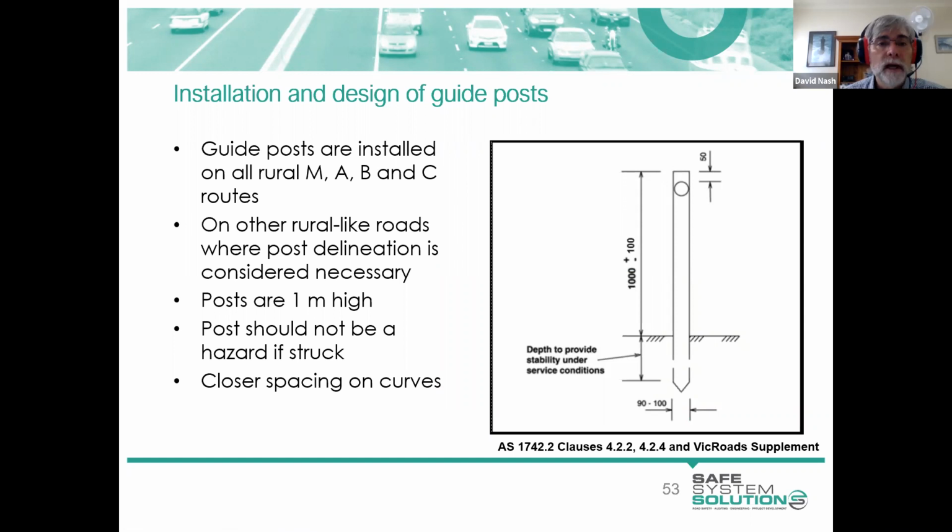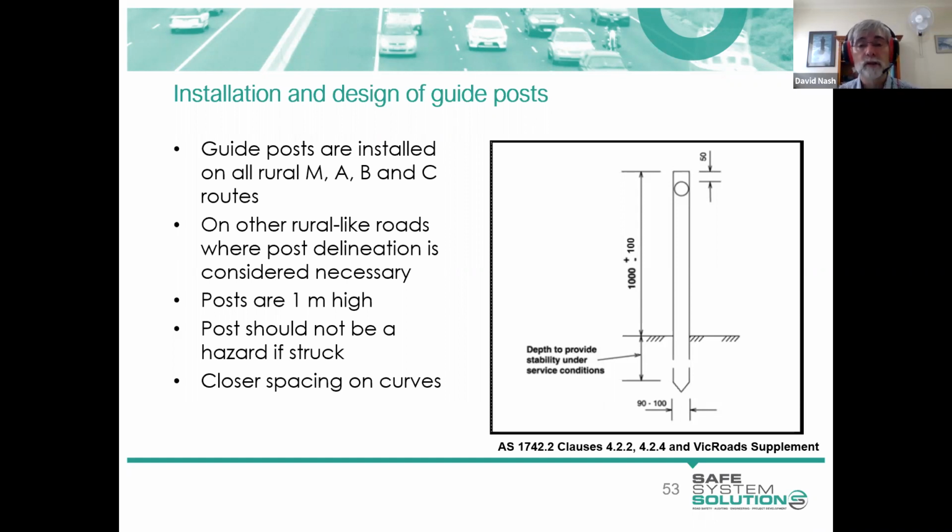Guideposts are installed on all rural MAB and C routes, and we talked about MAB and C routes before. The guidance might be slightly different in other states that haven't fully adopted the MABC designations for their roads. On other rural type roads where post delineation is considered necessary and the posts are 1 metre high, they should not be a hazard if struck.